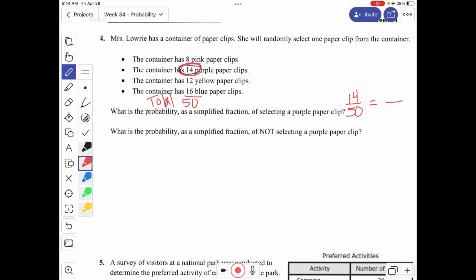And then you'll need to simplify that. If you want to find out how many are not, then you need to subtract. So 50 minus 14, 36. So 36 out of 50, and then you'd need to simplify.